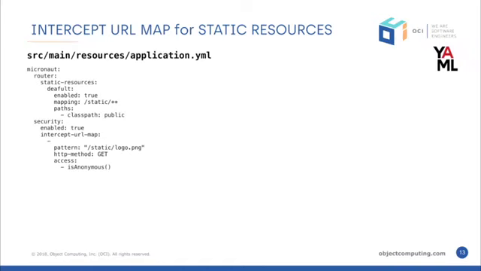As we said, when you turn on security, everything is 401 by default. So if you are serving static resources, you may have a configuration similar to the one I am displaying here. The logo will be under src/main/resources/public, and there will be the logo.png file. That's what you see, the classpath public.